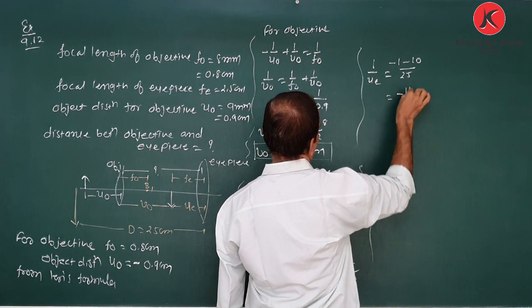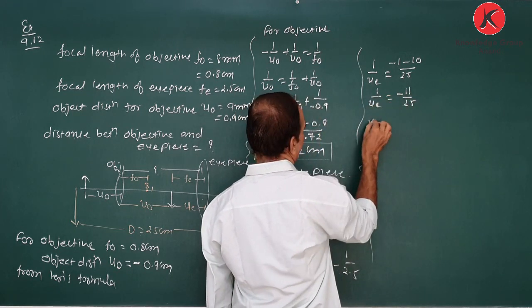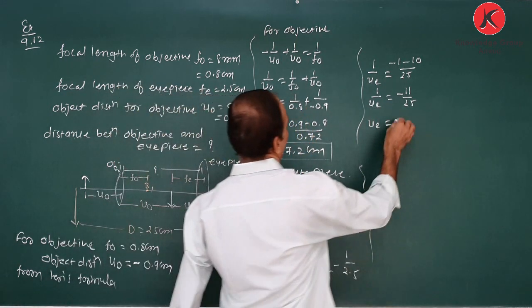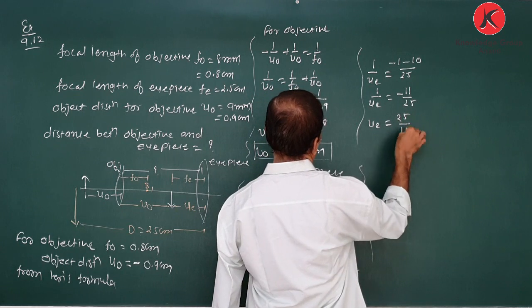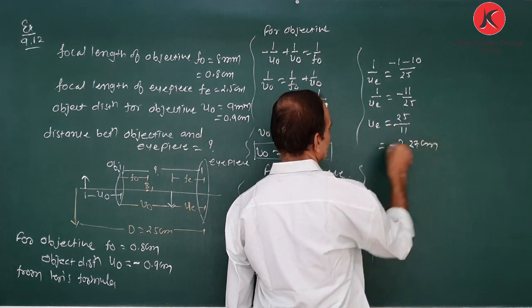Therefore, minus 11 by 25. Therefore, UE is equal to minus 25 by 11, that is minus 2.27 centimeter.